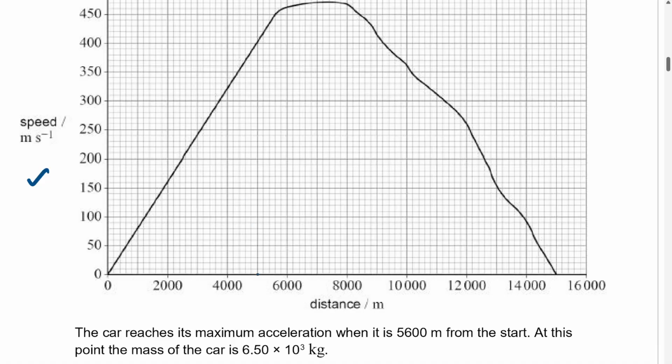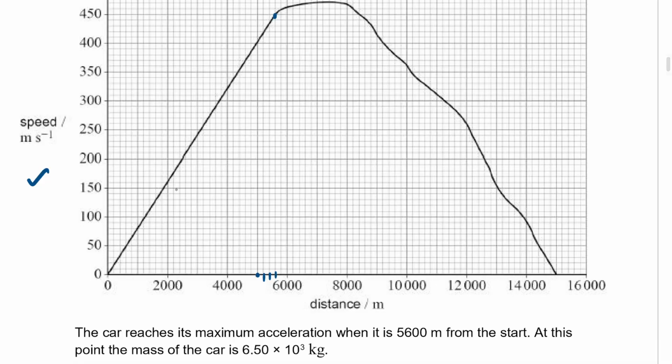This is 4000, this is 5000, and each line is how much? 5 lines are for 1200, so 52, 54, 56. So this is 56. Yeah, that's right. So that's 450 meters per second.